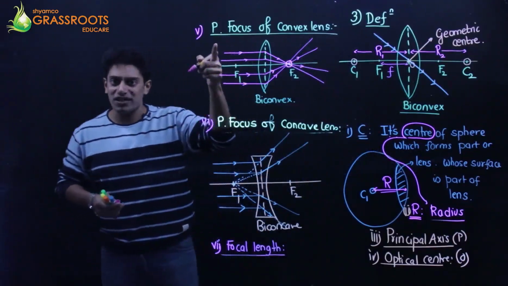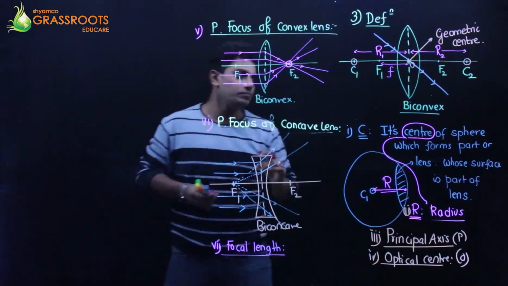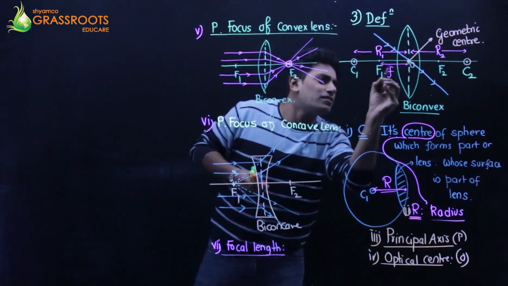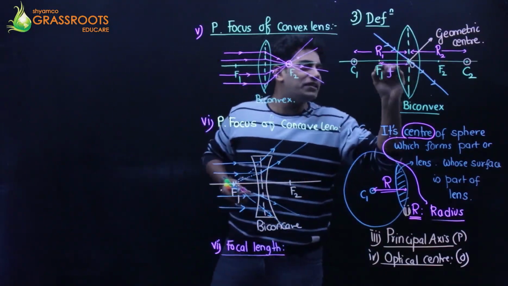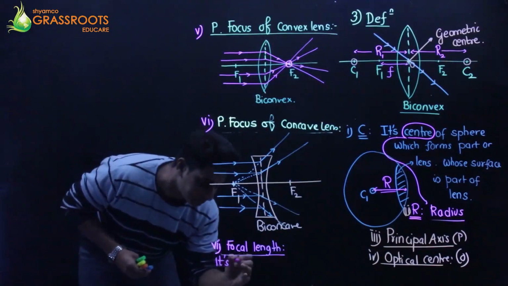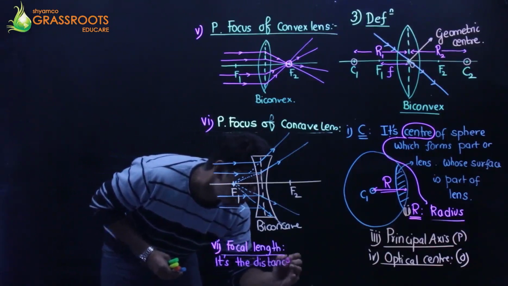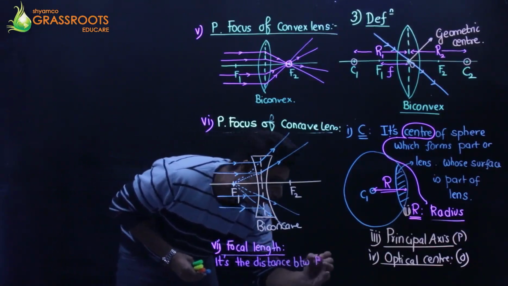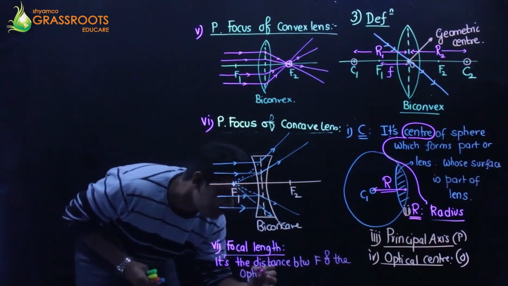Capital F is focus, small f is focal length. These are the symbols. Okay. Can I say focal length is nothing but the length, the distance between the optical center and the focus, principal focus. So it is the distance between the focus and the optical center.